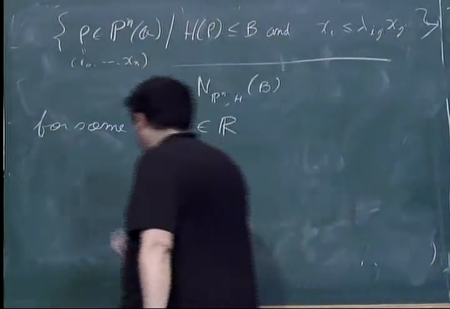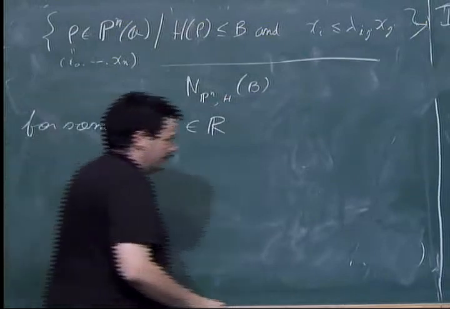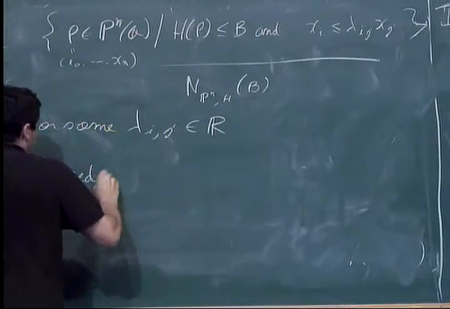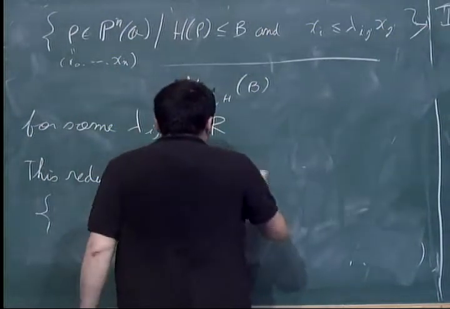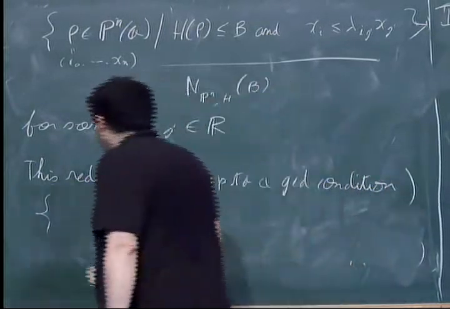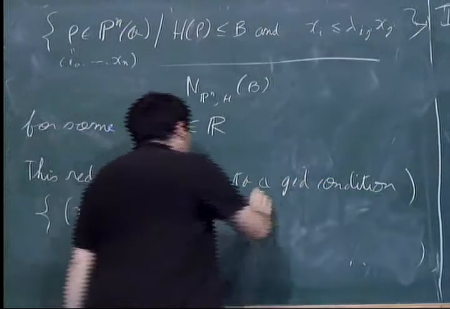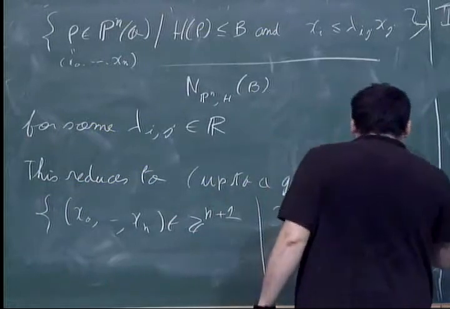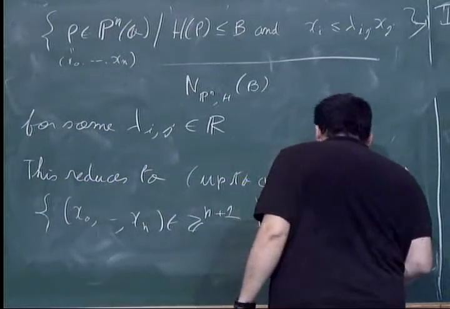Okay, and now you see the picture that we get. We are looking, up to a GCD condition, at the set of (x_0, ..., x_n) in Z^(n+1), such that the maximum of the coordinates x_i is less than B, and we have similar conditions x_i less than lambda_ij x_j.